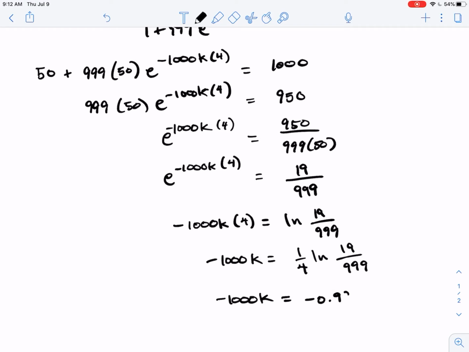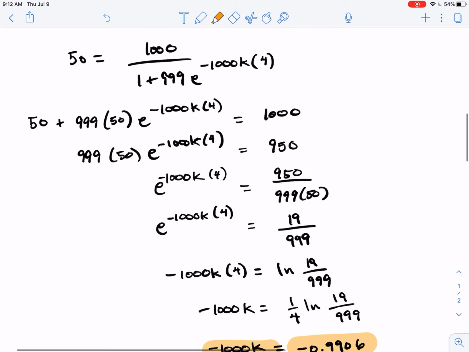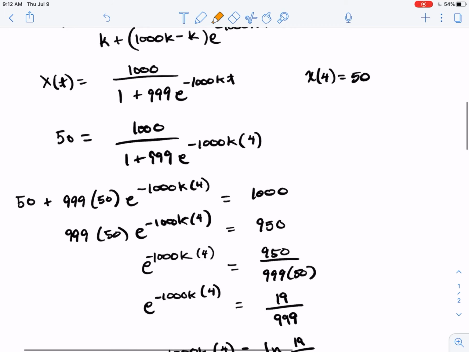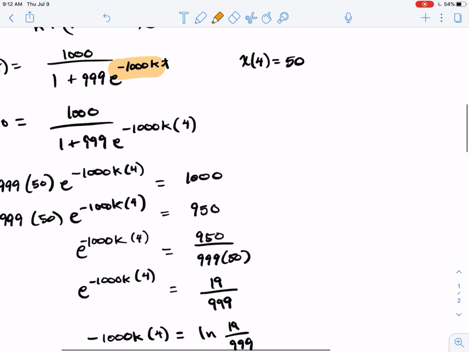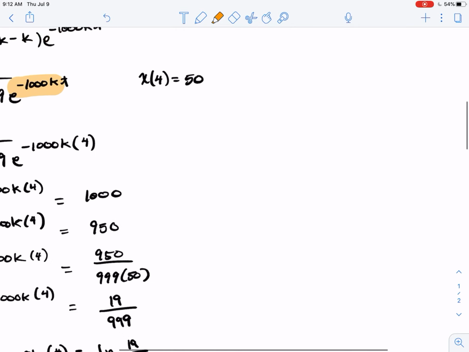It's just too many numbers with these decimals that we're going to have. So now what I could do is plug in for 1,000K this number, okay? And now if I go back up to my equation, I could just plug in for 1,000K.